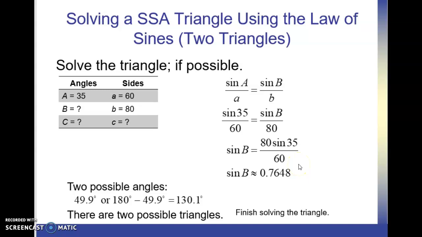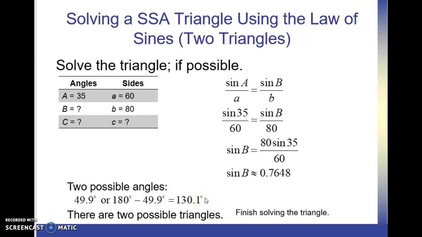When you round to 4 places behind the decimal, you will find that the sine of angle B is approximately equal to 0.7648. Take the inverse sine of that to find that the measure of angle B is 49.9 degrees, or 180 degrees minus 49.9, which is 130.1 degrees.